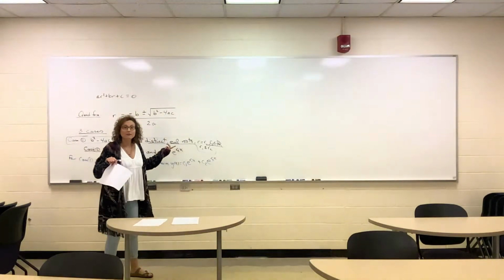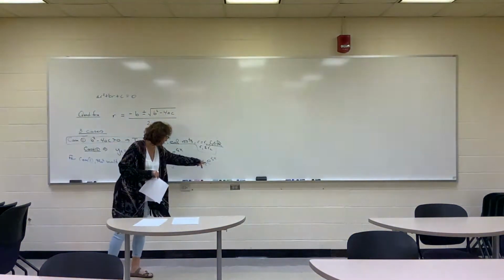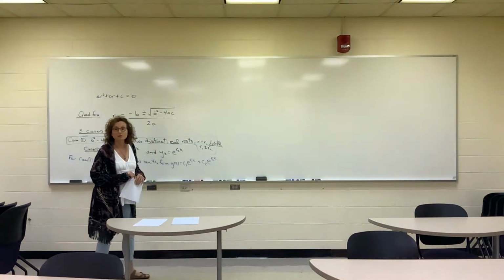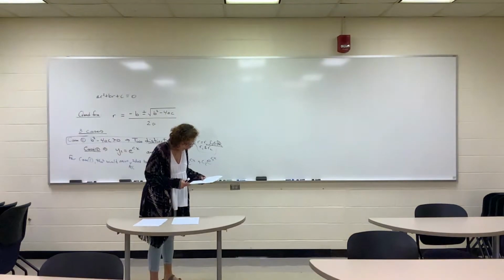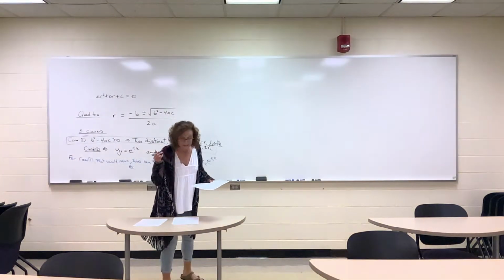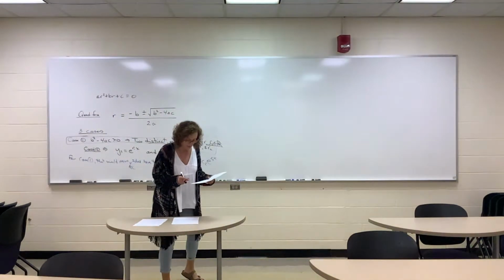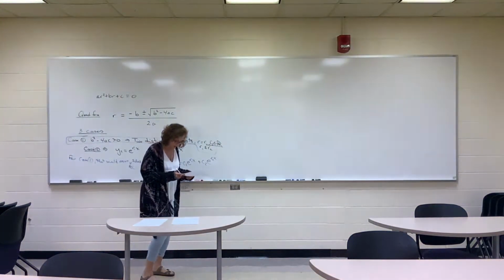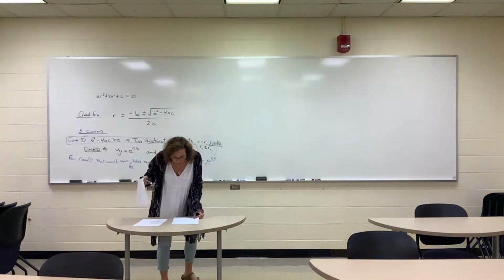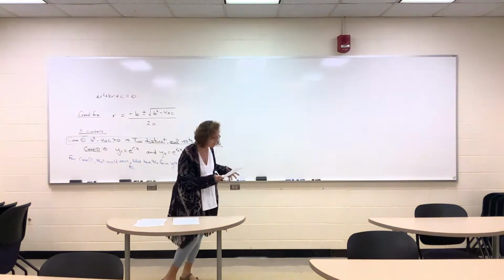Some crazy wacky function out there that doesn't look like this, that's also a solution, okay? It'll be nice. I know you'll feel better and sleep better when you realize, well, there aren't any more. This is everything, okay? Let's look at a particular example, okay?